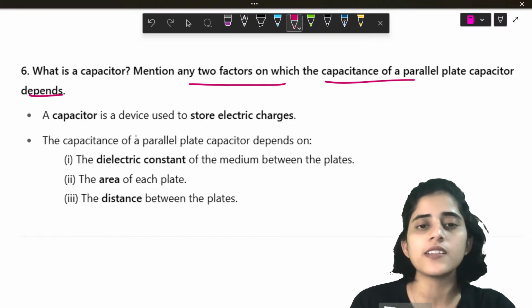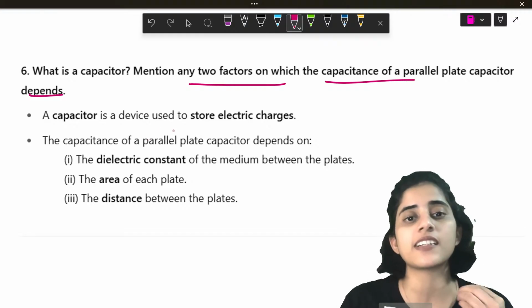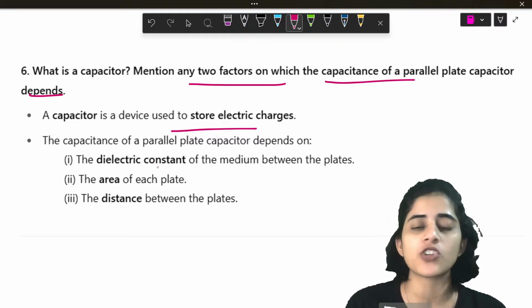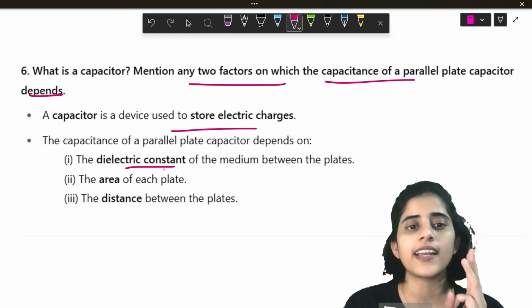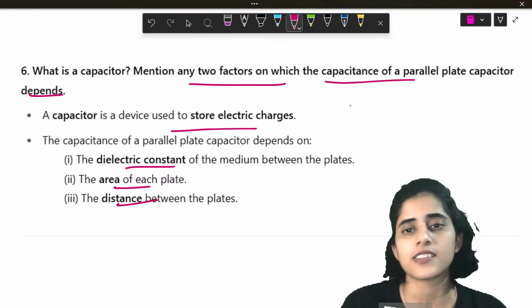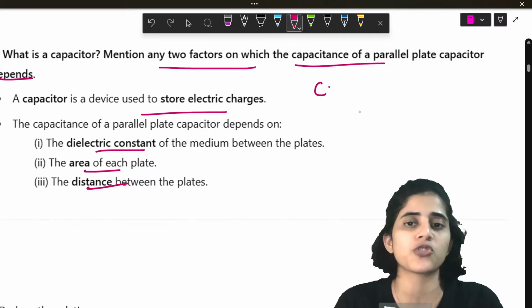A capacitor is what? A capacitor is a device that is used to store electric charge. Now, the capacitance of a parallel plate capacitor depends on three things: the dielectric, the area, the distance. So you might have already learned this. You should know this by now.